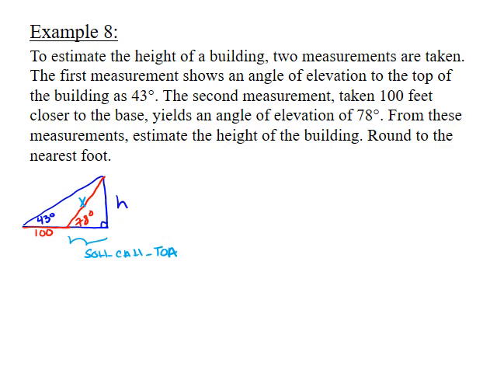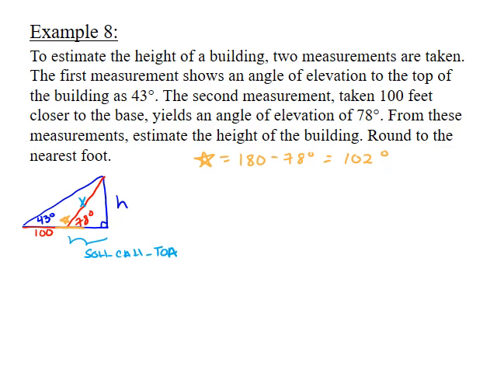But in order to do that, the first thing I need to do is find angle star so that I can find side X. Angle star can be found by taking 180 minus 78 degrees since they're supplementary, and I'll find that angle star is 102 degrees.